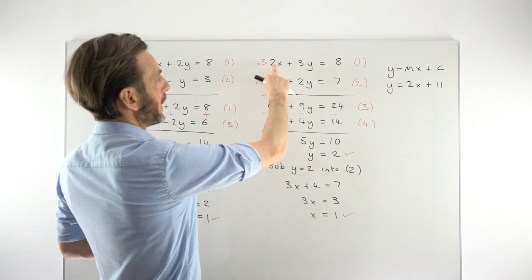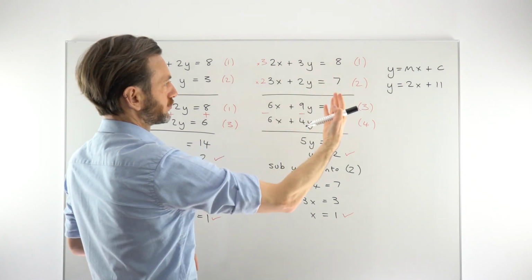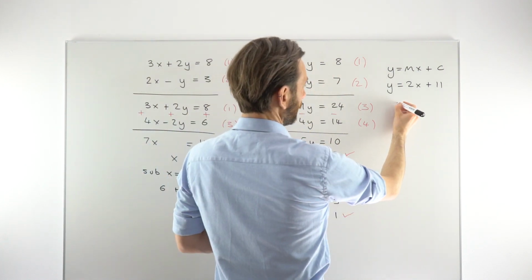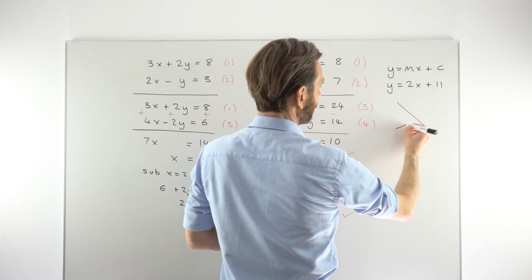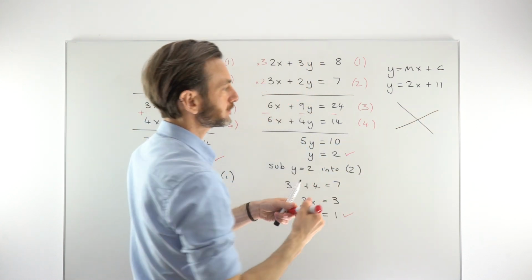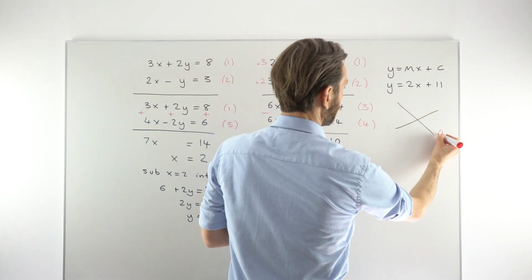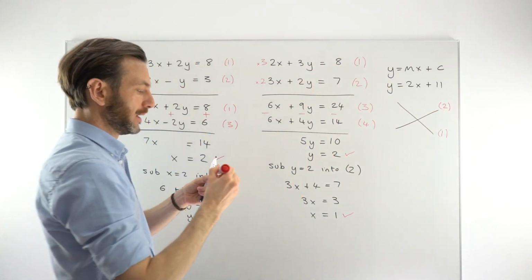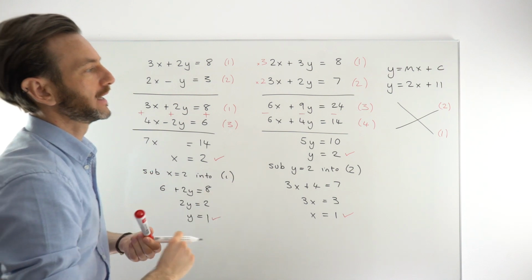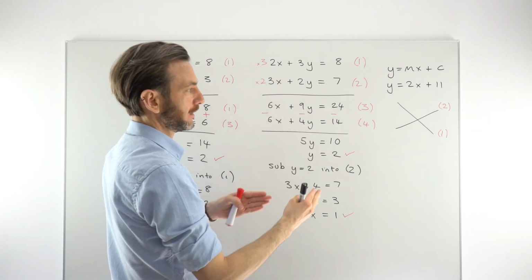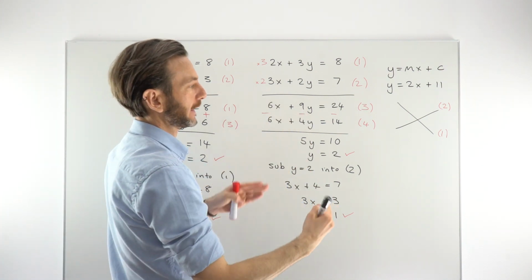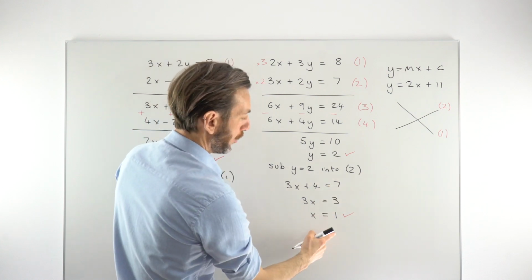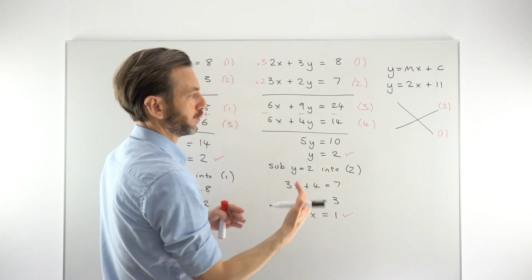So if you imagine that these guys are straight line equations, so let's say you've got straight line 1 and straight line 2, represented by equations 1 and 2. Then the only xy combination, if you imagine that xy are the points on the line, so this here would be the point 1, 2 with coordinates 1, 2.